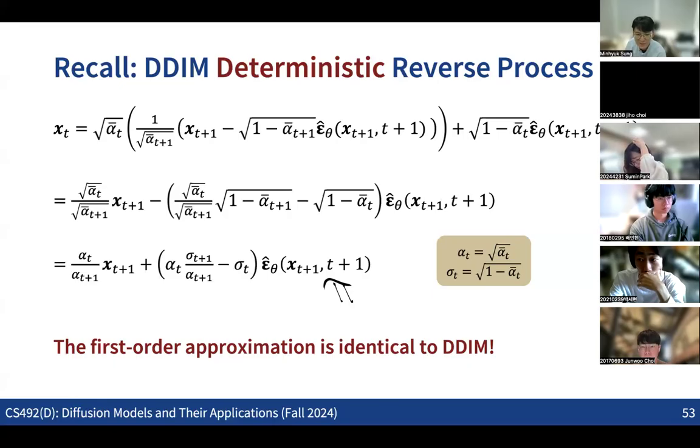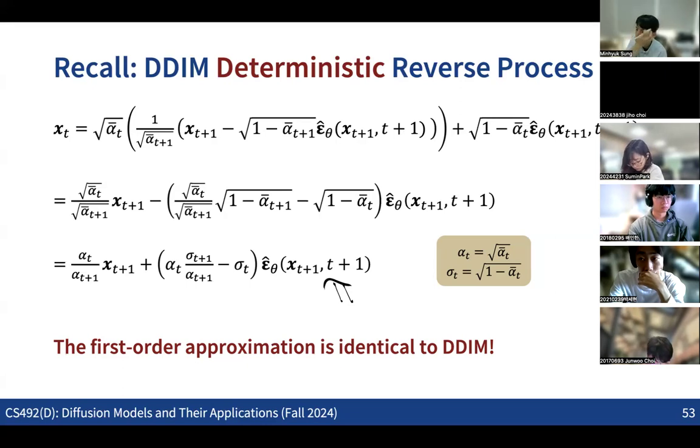We have seen that DDIM is a generalization of the DDPM case, where we can control the stochasticity. And we could get very good results with the deterministic sampling by making the variance 0 with a few time steps. But that was identical with solving the ODE formulation, which has the same marginal distribution at the time step t.